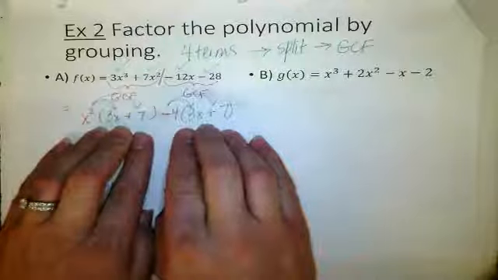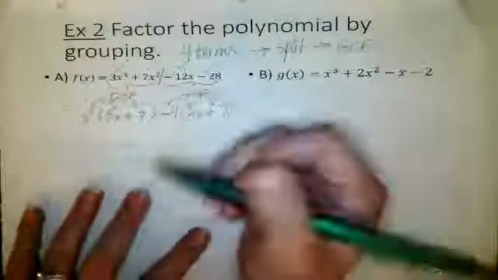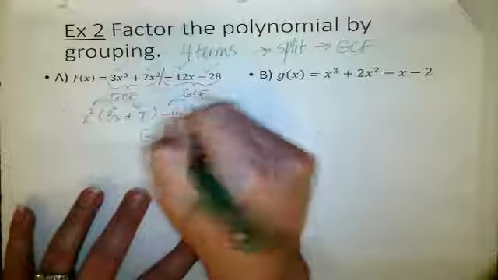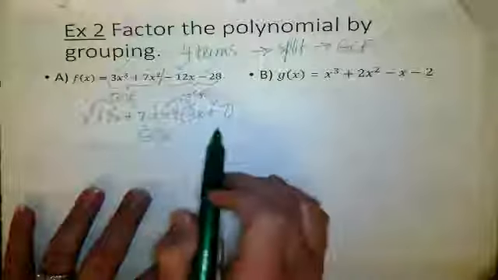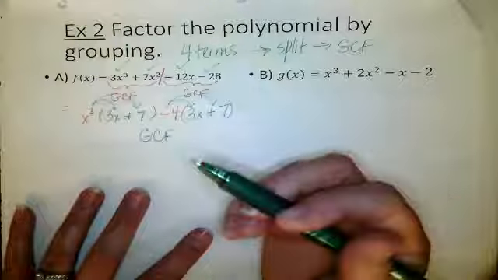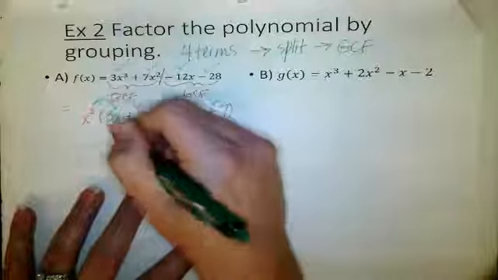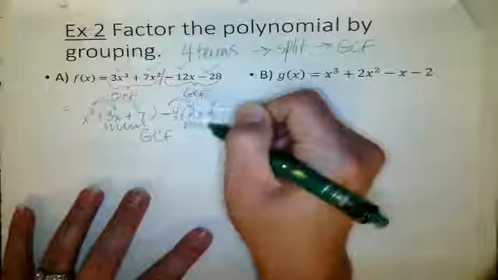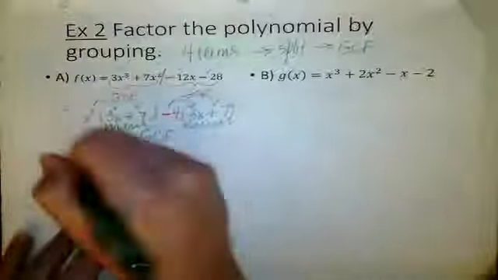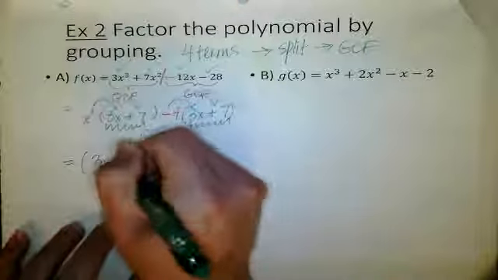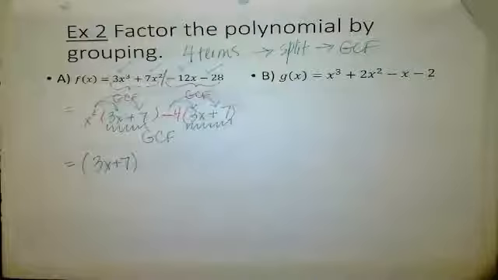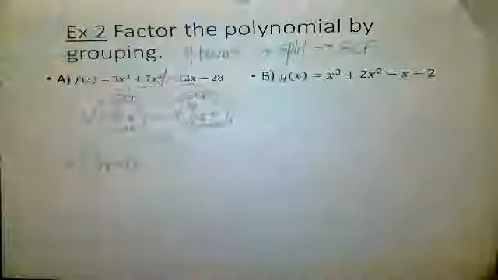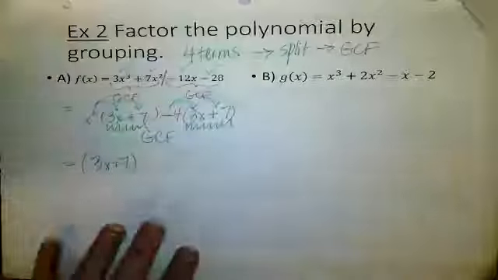All right. And now we're going to look again at these 2 terms and say, hey, these 2 terms have something in common. What do they have in common? 3x plus 7. They both have a common factor of 3x plus 7. They have one thing in common. So we're going to undistribute that and pull it back out in front.